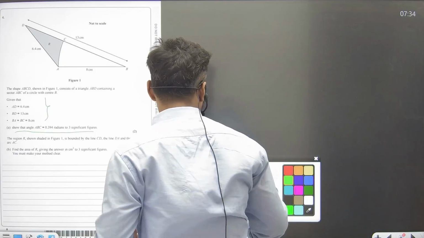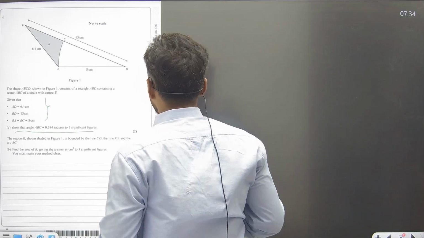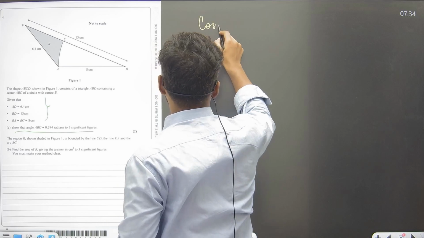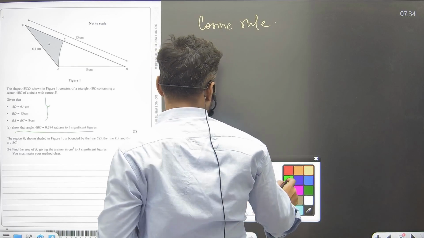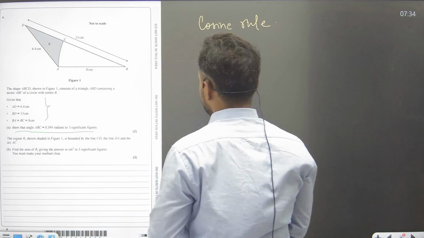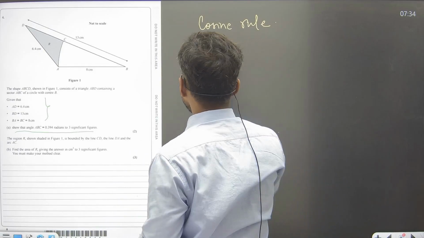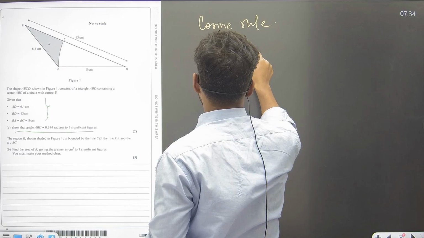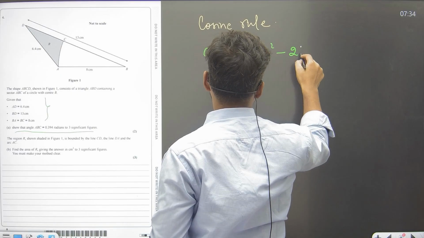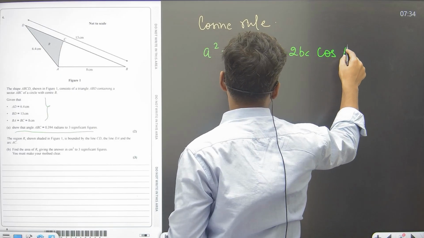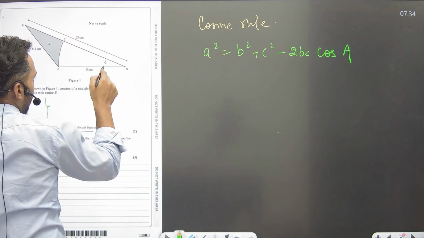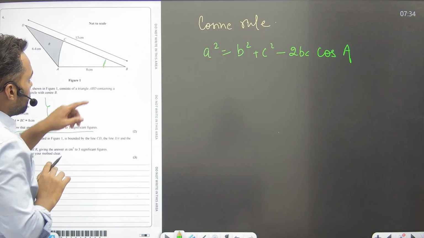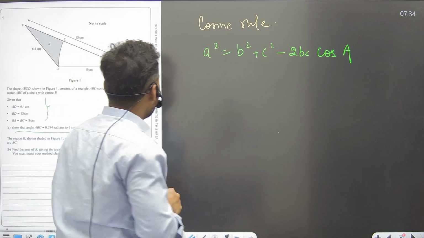So what I'll apply here, student, is the cosine rule. What is the cosine rule? a square is equal to b square plus c square minus 2bc cos A. This is the cosine rule. For this angle, student, we need to apply it here.